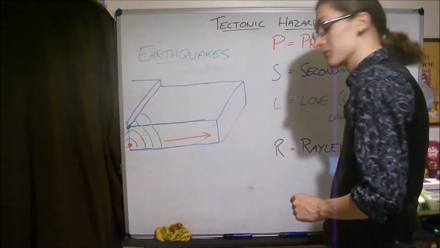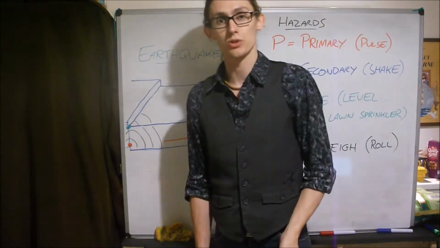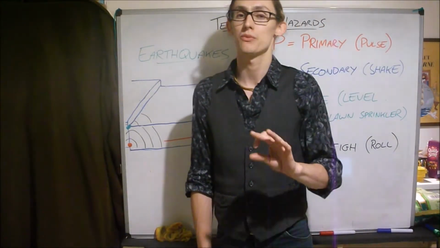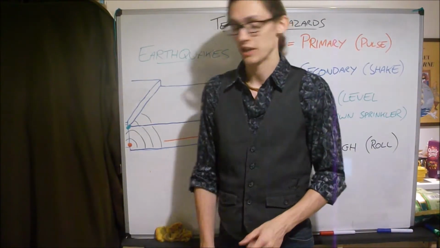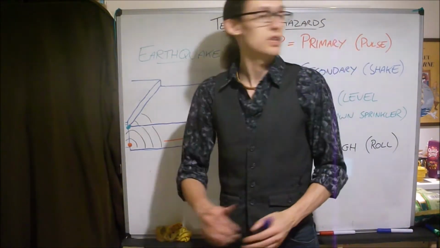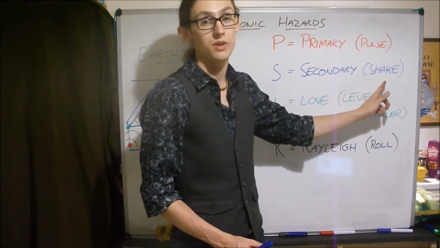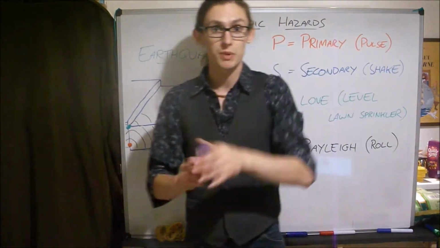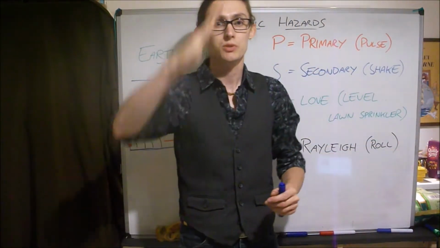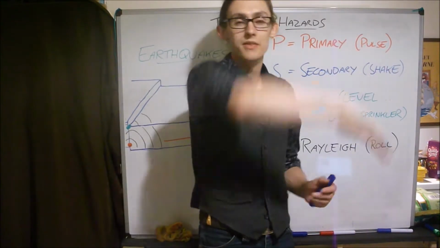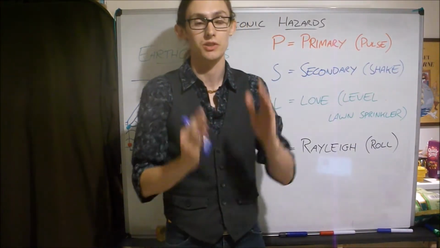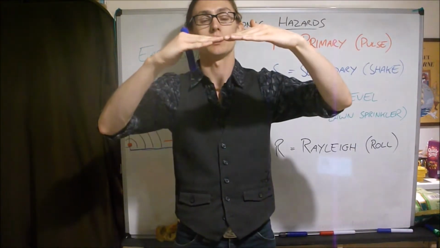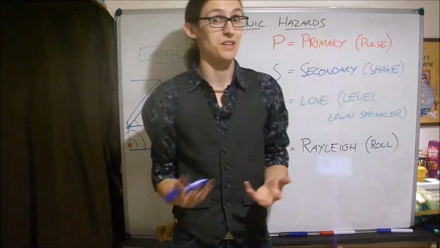Next up comes the S wave, the secondary wave. Now this is slower, about 4 kilometers per second. And this is the shake wave, as I like to think of it, because rather than being a pulse straight through, this one goes up and down. And this causes a lot of damage to buildings, because if you imagine the building being there and the ground's doing that, it's going to do a lot of damage.